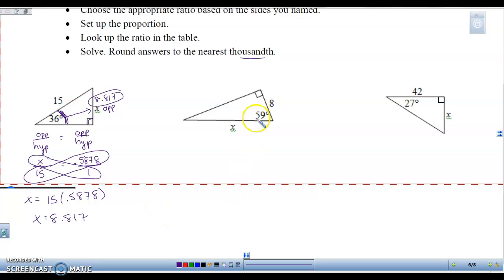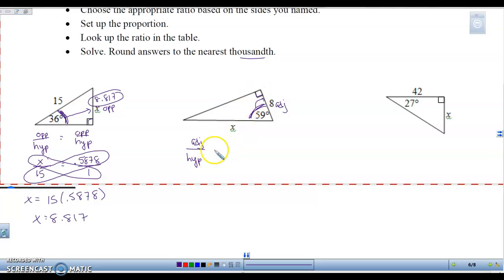First thing I want to do is identify my acute angle, which is this angle right here. I want to look at the relationship of the sides I have to that angle. Where are they? Well, the 8 right here is next to the 59 degrees, so that makes it an adjacent side. And then the x on this one is across from the right angle, so this is going to be the hypotenuse.